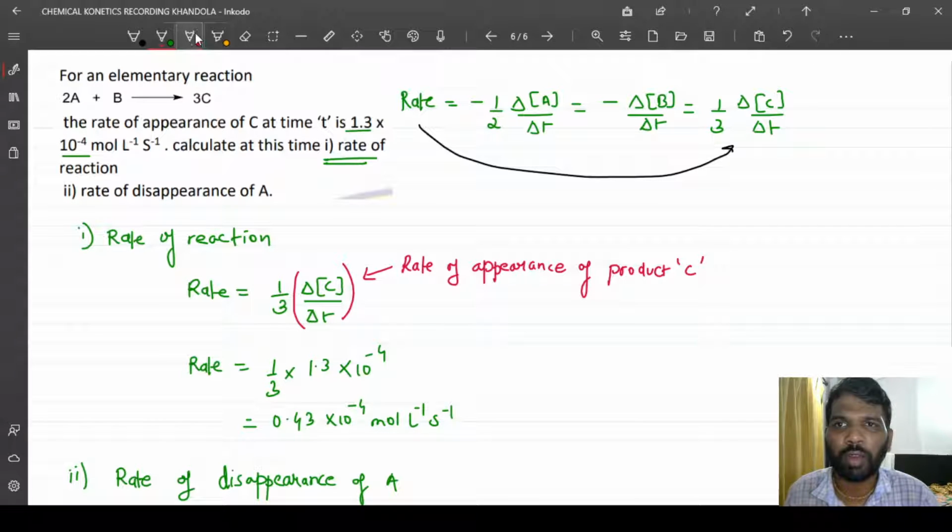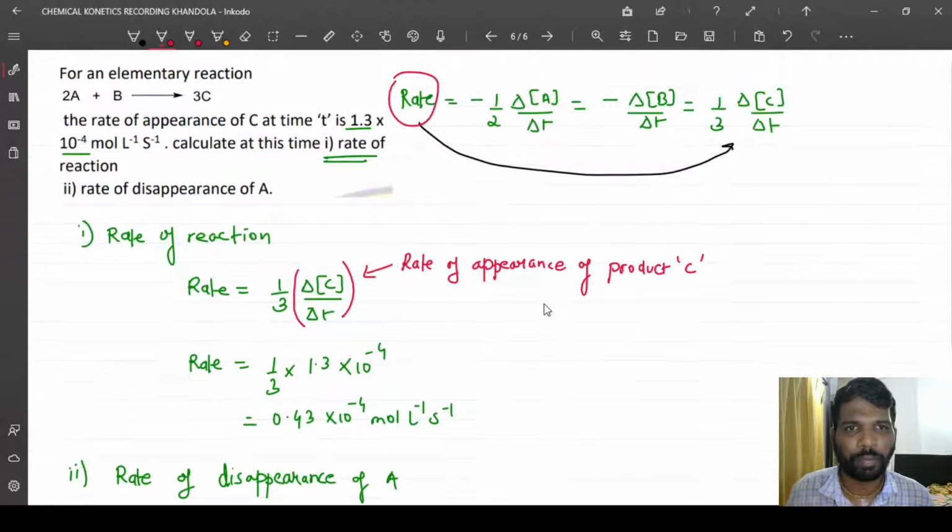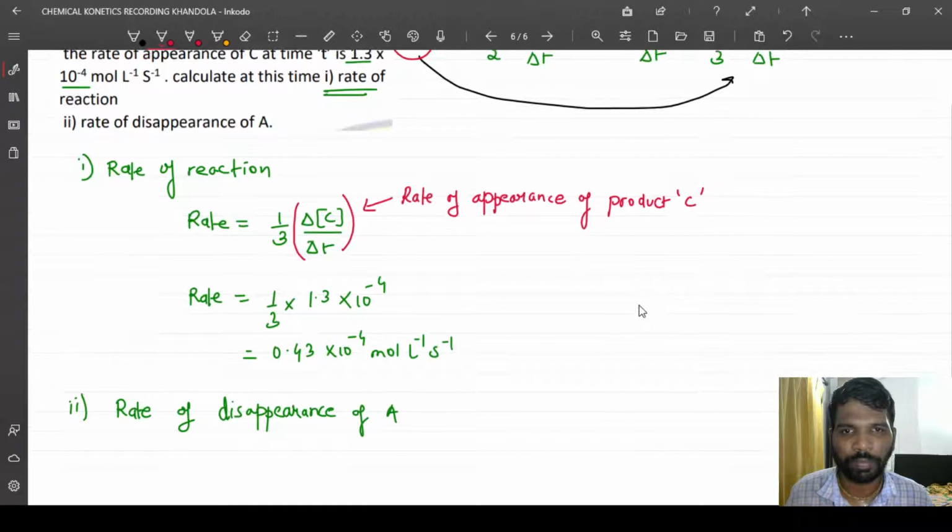Since we have found out rate, I can equate this rate directly over here, or I can equate this term over here, because we know C. For simplicity, I'll write rate is equal to, directly in this equation I'll solve over here.